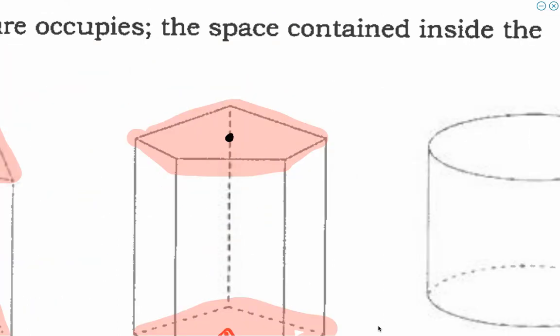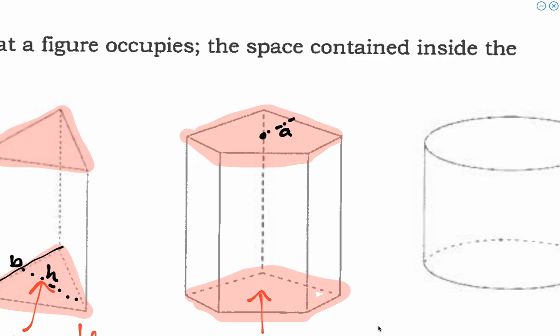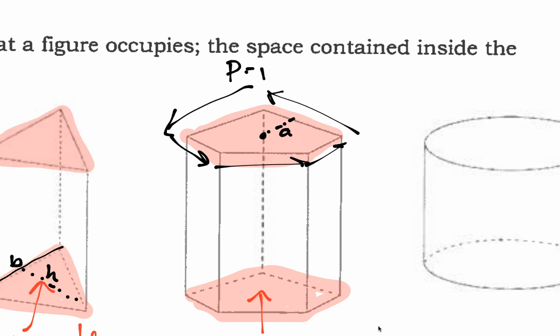Remember, little a goes from the center to the side. P is the perimeter. Everything we're doing right now is just Unit 2.